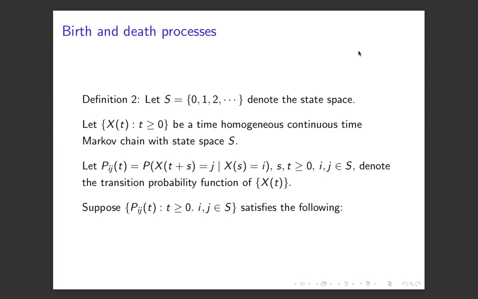So let's straight away get to the definition. The birth and death processes, I mean, the terminology is rather suggestive. In this case, we take the state space to be non-negative integers.